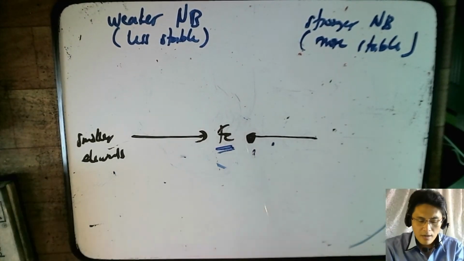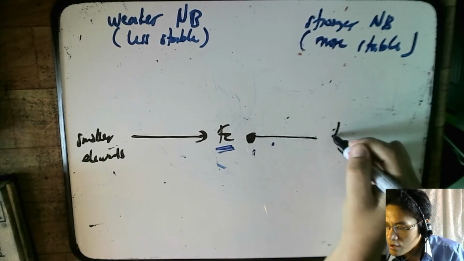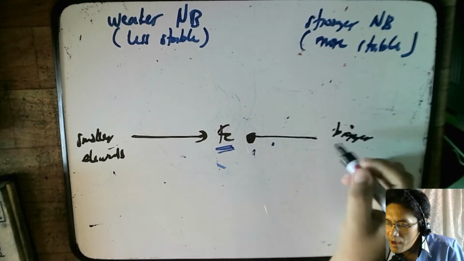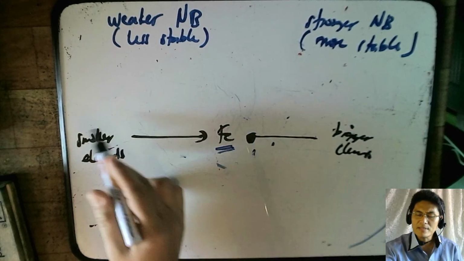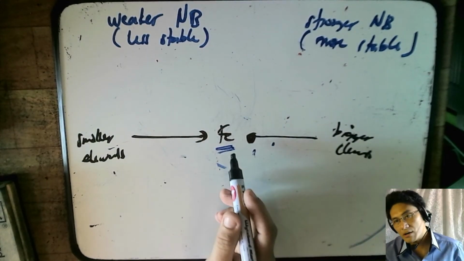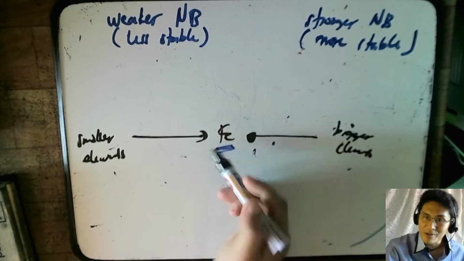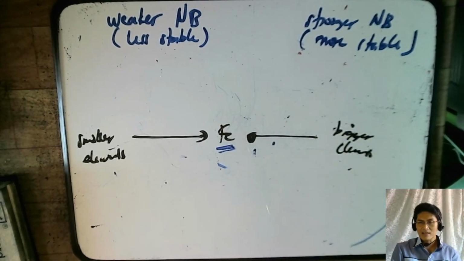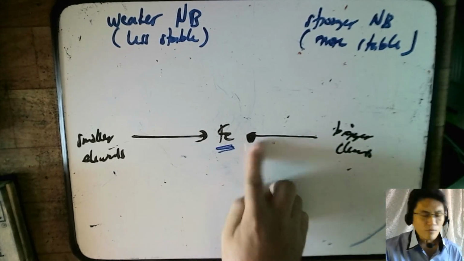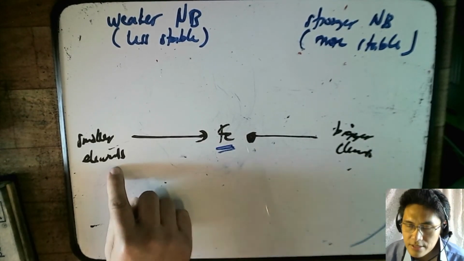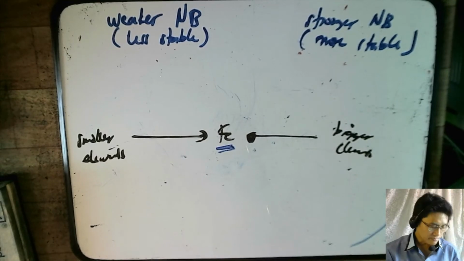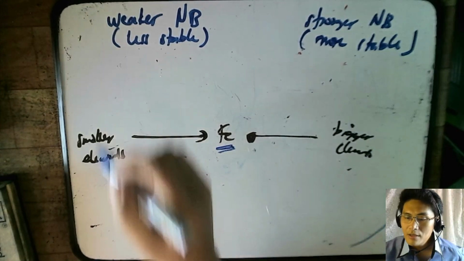The same concept here. Because iron 56 is the most stable, elements that are smaller would want to become bigger, but elements that are bigger would want to become smaller, right? And so, how do you make smaller elements bigger? We just told you that.